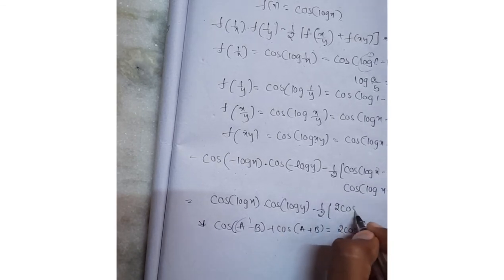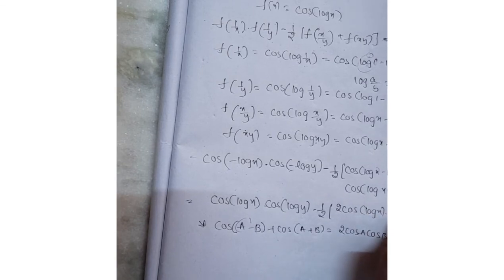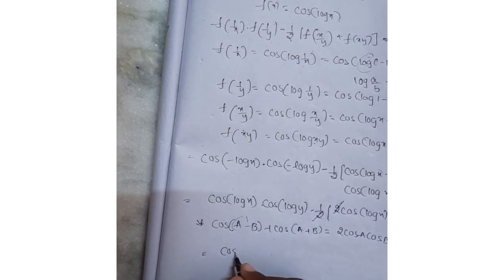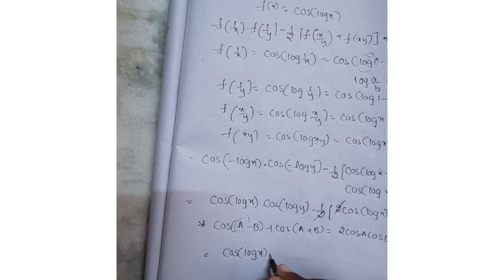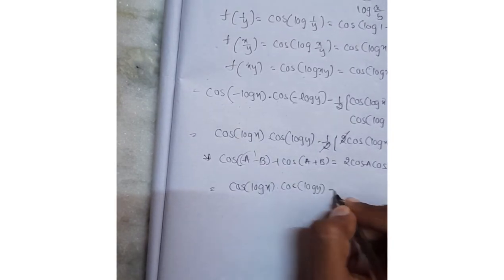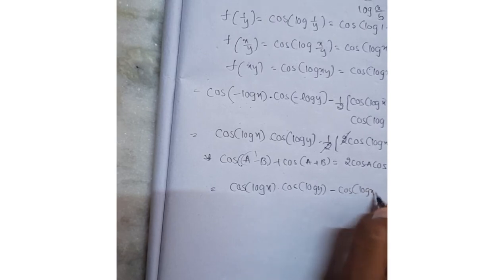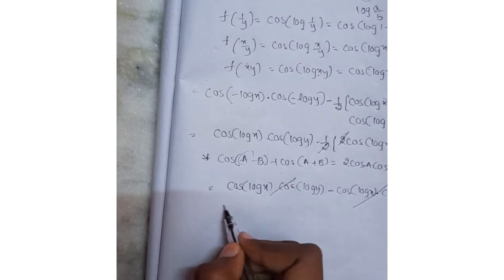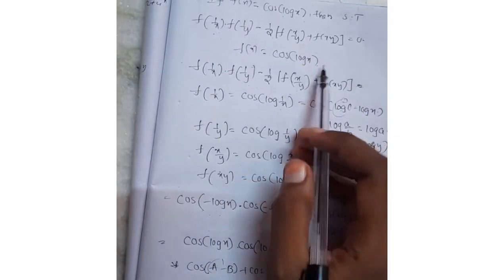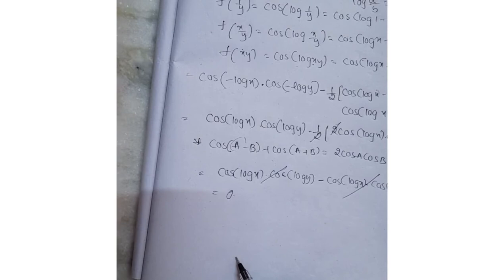So 2 cos log x and cos log y. 2 and 2 can be cancelled. Now cos of log x into cos of log y minus cos of log x into cos of log y. This and this can be cancelled. 0. Hence proved. We are asked to prove it equals 0, and yeah, we got 0.